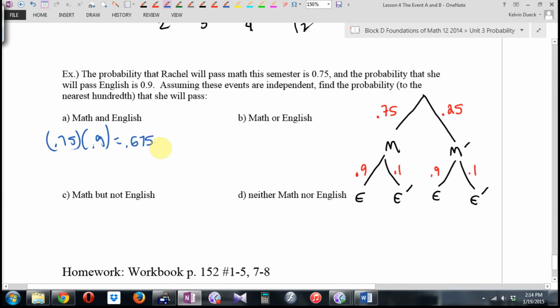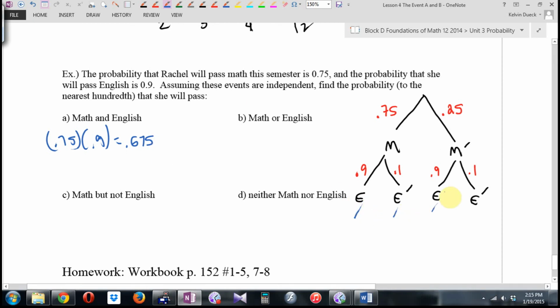What's the probability she passes math or English? Which of these branches is math or English? I disagree. First, second, and third, because remember, or also means both. Okay? So that one, or that one, or that one.